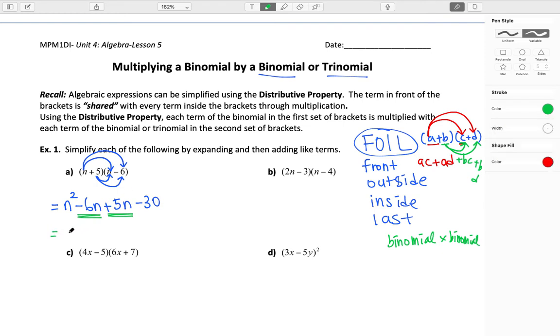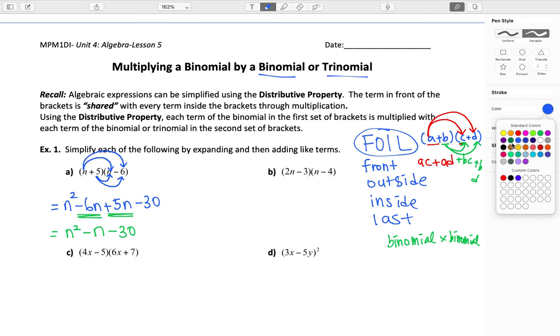So I can collect the like terms. So n squared, negative 6 plus 5 will give me negative 1, so negative 1 is invisible, and minus 30. And that's how you do FOIL. Okay, multiplying two binomials.